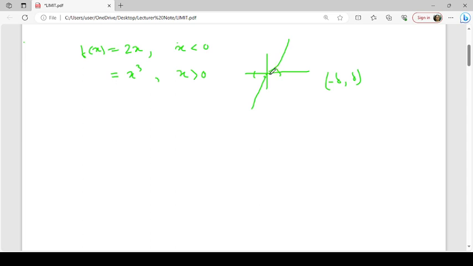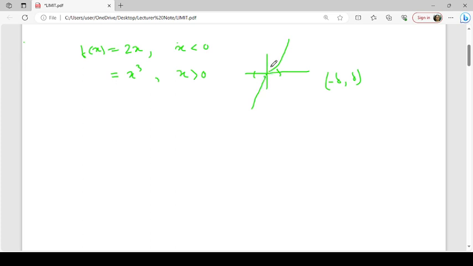From this diagram we see that when x is greater than 0, f(x) is approaching like this, and when x is less than 0, f(x) is approaching from the negative direction. Ultimately it is here.